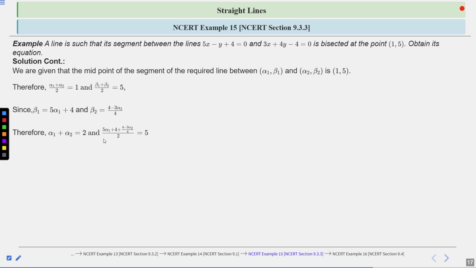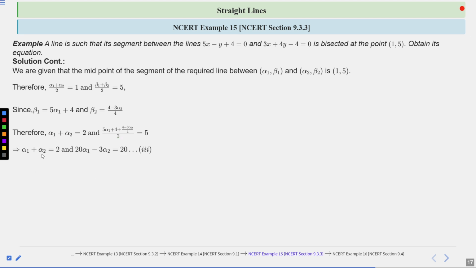Here we substitute the value of beta 2 as (4 minus 3 alpha 2) divided by 4, and we obtain (5 times alpha 1 plus 4 minus 3 times alpha 2 divided over 4) divided over 2 equal to 5.